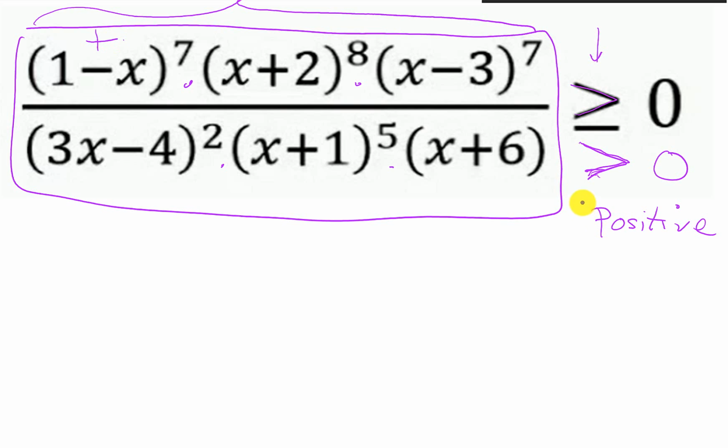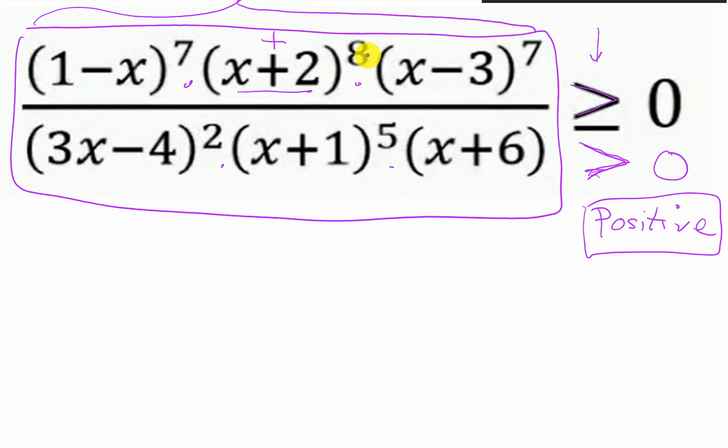Then, you want this to be positive. But you already know this power is 0 or positive. The case 0 we already studied, so we are not studying it now.